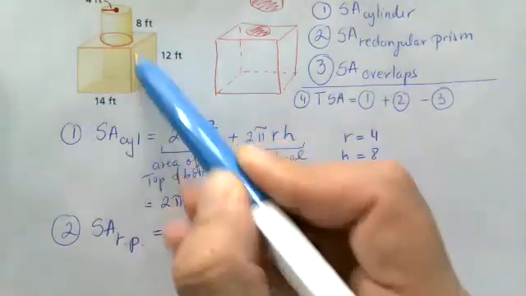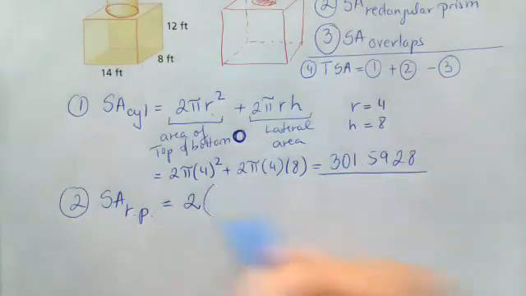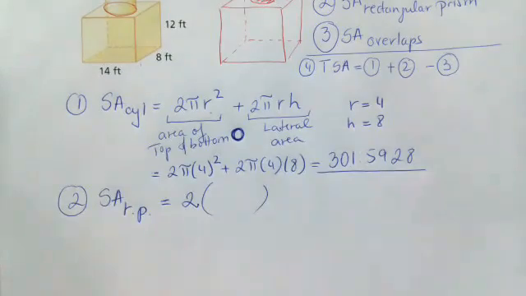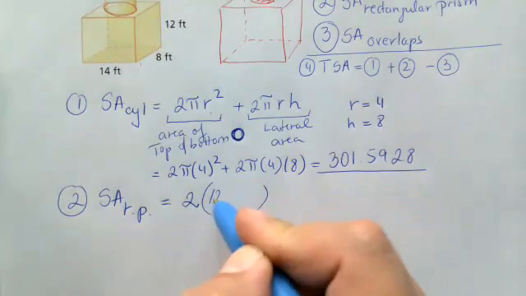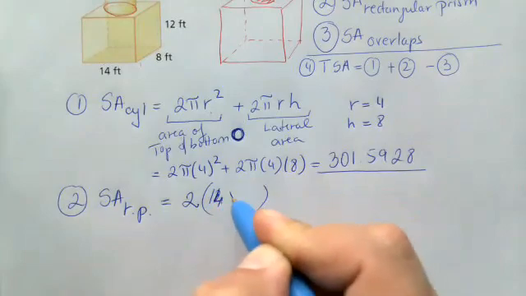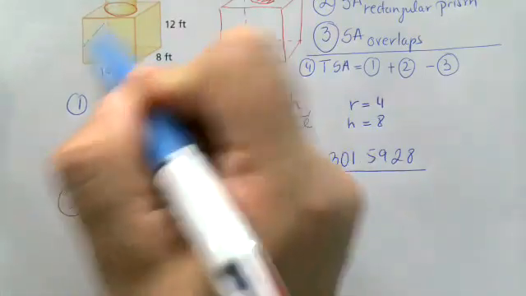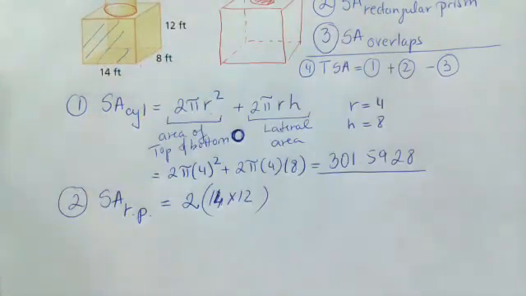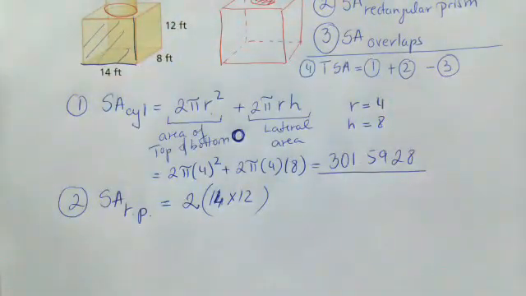The 14 by 12 is the front rectangle and the back rectangle, right? So it's 2 of them. And inside the bracket, we have the area of that rectangle. What's the area of the rectangle? 14 times 12, right? Length times width. The front and the back. Length times width of that rectangle.